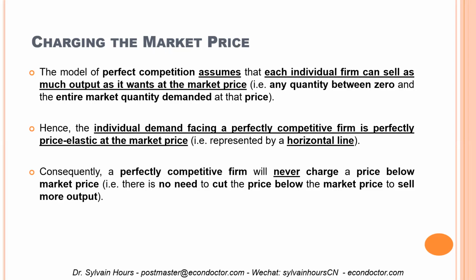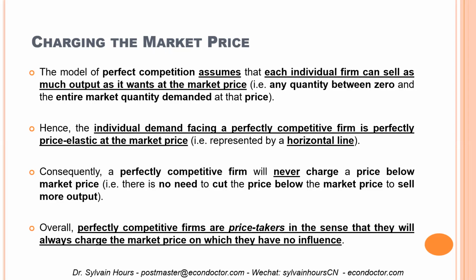Usually, when firms try to cut the price, their objective is to increase the quantity demanded, to sell more output. That's the incentive, that's the reason for which they cut the price. But you see that in this model of perfect competition, I can sell as much as I want at the market price. So I have no incentive to charge a price below the market price. That's why at the end of the day, we say that perfectly competitive firms are price takers, because they will always charge exactly the market price on which they have no influence. Okay?